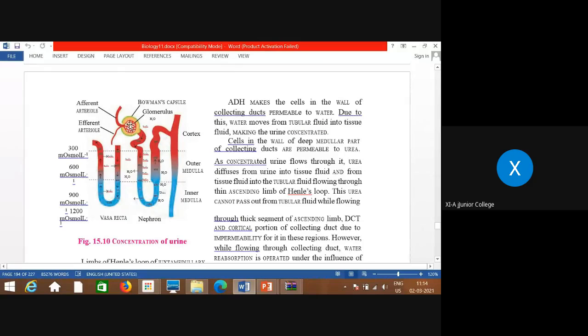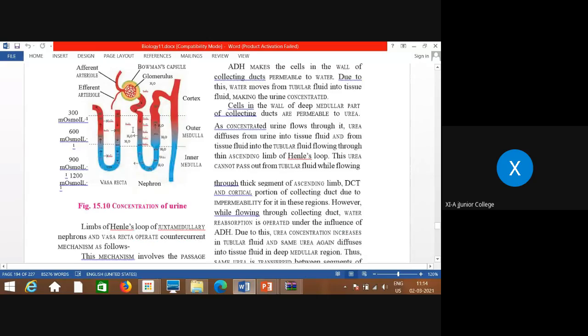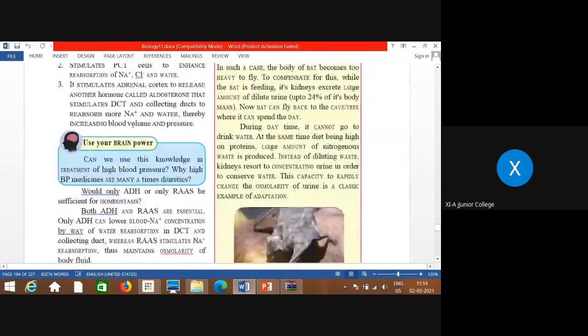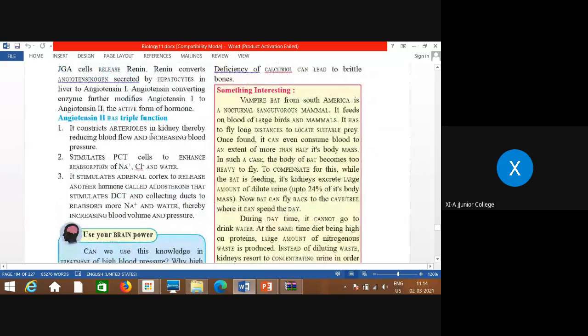Because of the activity of angiotensin 2, the blood vessels, the glomerulus or the blood capillaries, become narrow. They constrict the capillaries. So the first function is constriction of arterioles in the kidney, thereby reducing blood flow and increasing blood pressure. As the blood flow is reduced, automatically blood pressure is increased.